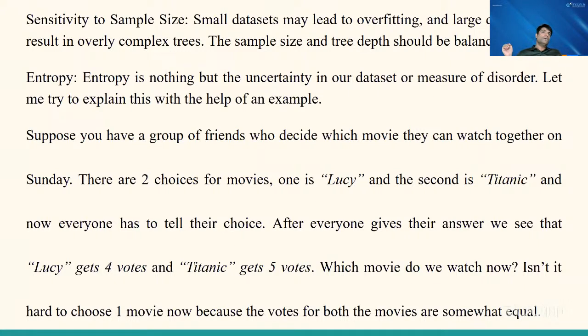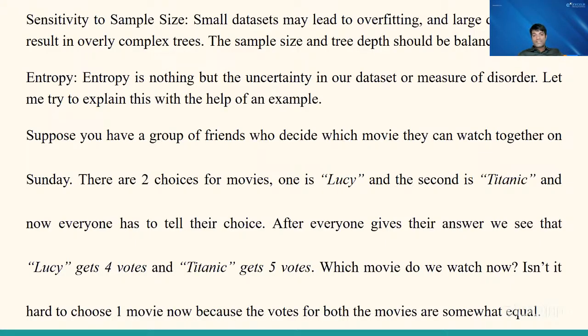But what does entropy tell you? It tells you the uncertainty that is there in the data set. Very simple terms, you can remember it like that. Now, let us see how this uncertainty comes into the data set, with a very small example which I found very interesting.